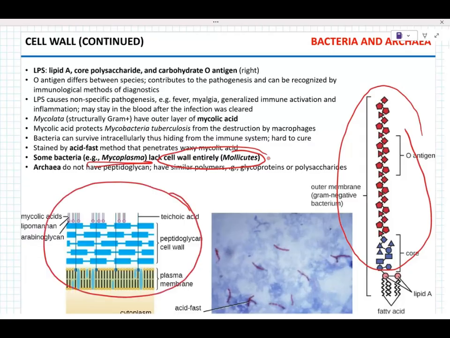If you compare the cell wall of bacteria such as Mycobacterium tuberculosis, shown here, they do look like gram-positives with a thick peptidoglycan cell wall, but on the outside they have a layer of a pretty waxy compound called mycolic acid. It's effectively wax. Okay? One of the common things to mix up: bacteria that contain mycolic acid, mycobacteria, and mycoplasma, cells that do not have cell wall at all.